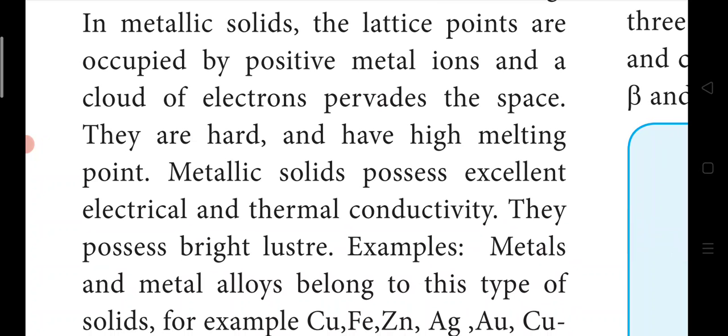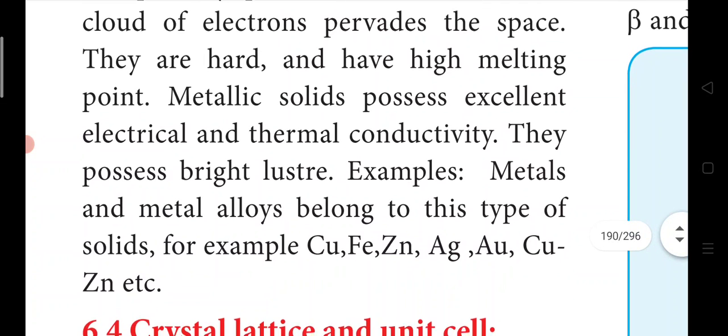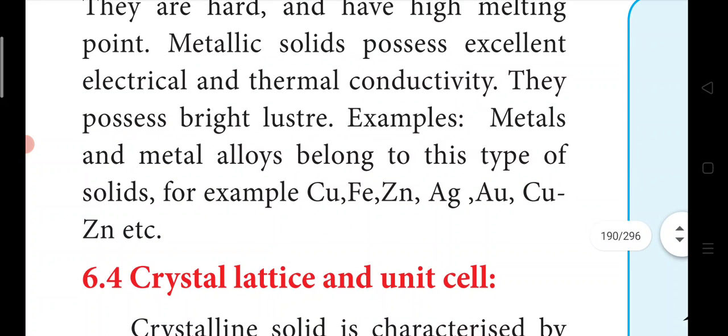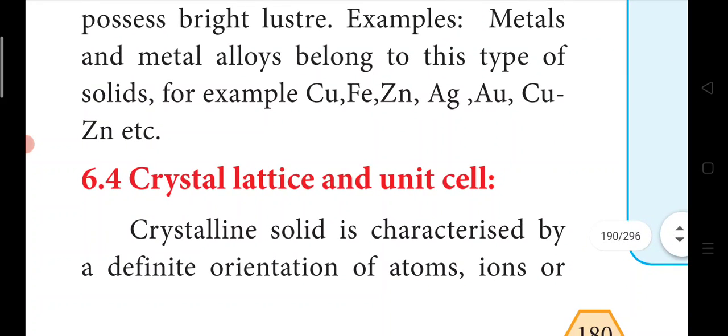They possess bright luster, because luster is a property of metals. For example, metals and metal alloys belong to this type of solid: copper, iron, zinc, gold, silver, and copper-zinc mixtures.